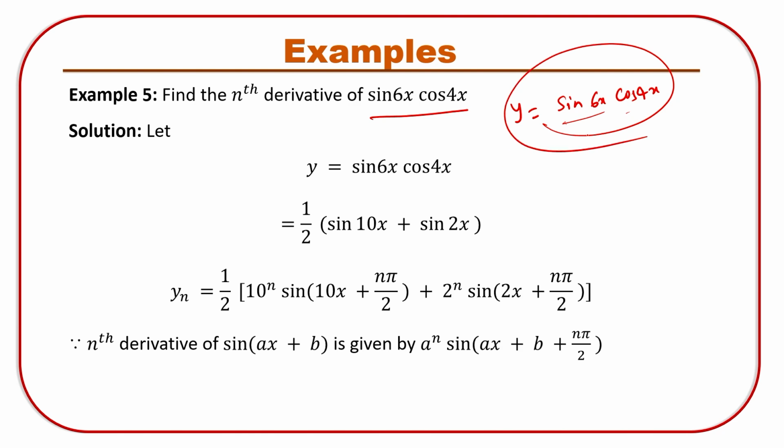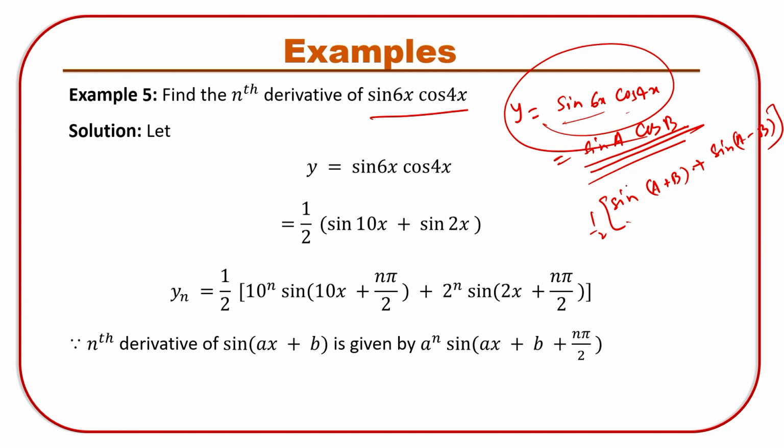So, y equal to sine 6x cos 4x can be written as sine A cos B, and we can write this as sine of (A plus B) plus sine of (A minus B), divided by 2, right, because the result was sine A plus B plus sine A minus B equal to 2 into sine A into cos B. So, use this result.